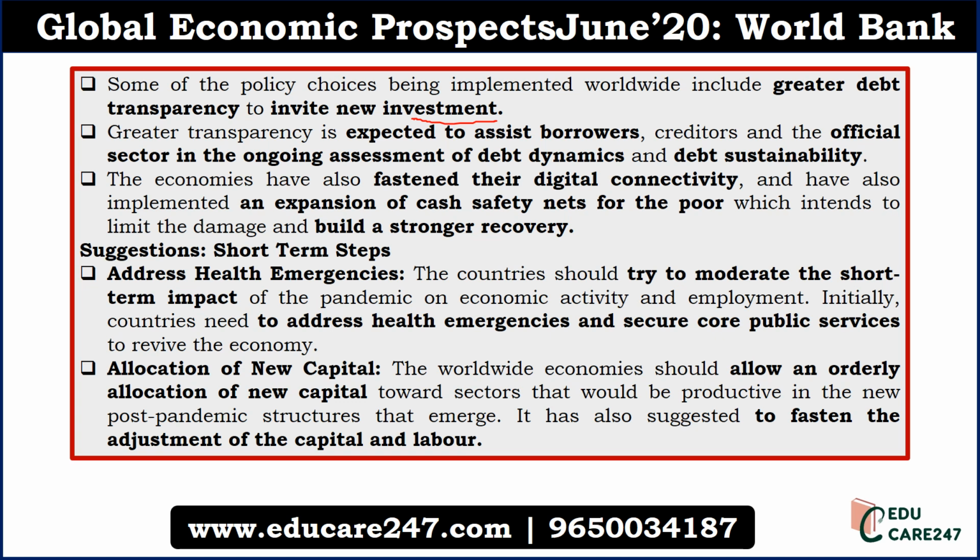Also they have said that countries should allow an orderly allocation of new capital towards the sectors which can revive the economy. So basically the sectors which are more productive after COVID should get more funds so that the overall economy will be developed, and it will improve labor productivity and capital output.